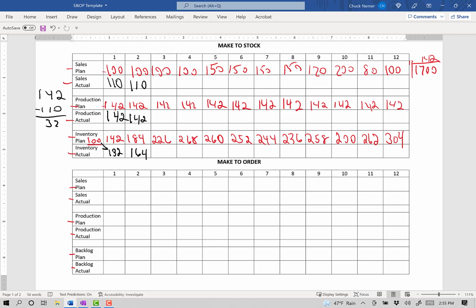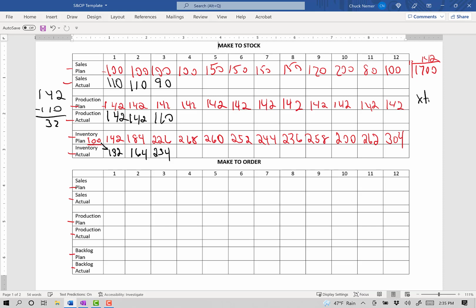And then the third period, let's say sales only brings in 90 and we build 160. In that case, we pick up an extra 70 units and then we've got 234.